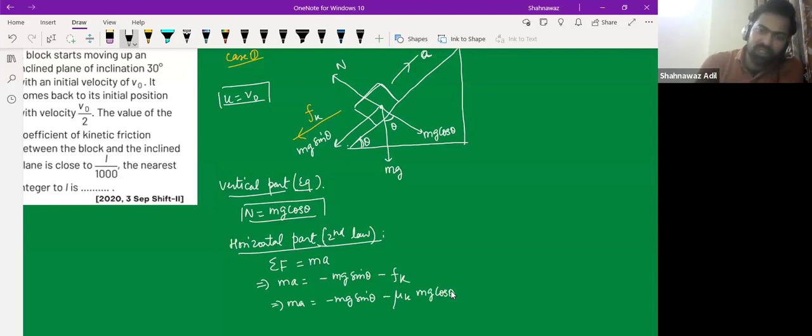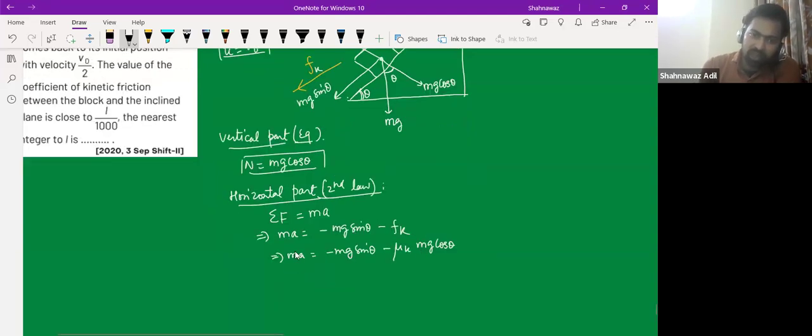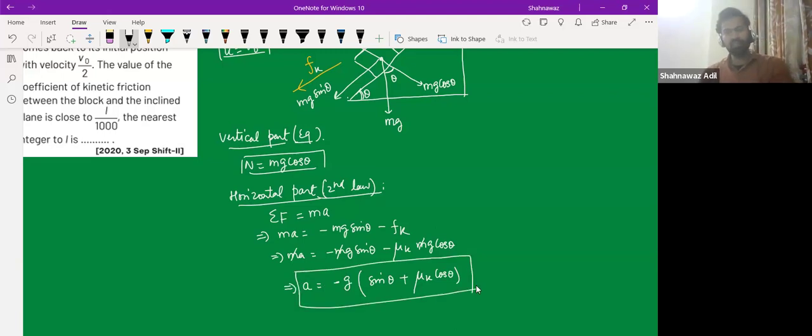So how much is this thing? M and M cancel, and A is minus of g, we can take common, sine theta plus mu k cos theta. So what kind of acceleration is this? What does this negative sign signify?